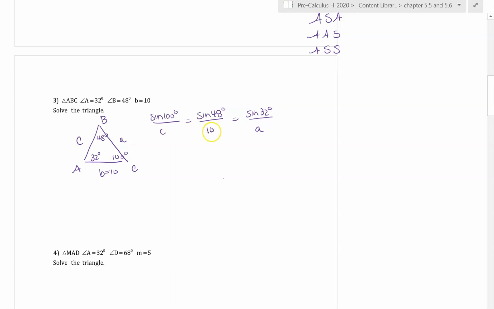We need to pick two ratios that have only one unknown. So we could start with the sine of 32 over A equals the sine of 48 over 10, if you like. We could cross multiply and then divide because we want to get the A. We want to isolate the A.